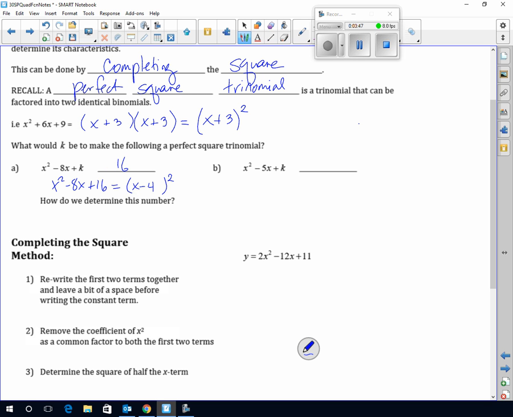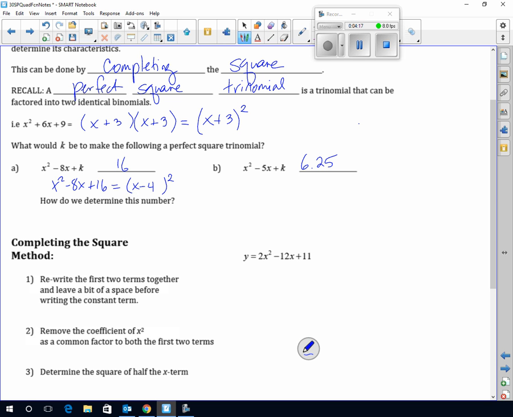Okay, so the person that got 16, how did you get 16? 4 times 4 is 16, and 4 plus 4 is 8. So that's how you got it. Okay, so if that logic holds, you kind of just went out there and got the 16, right?